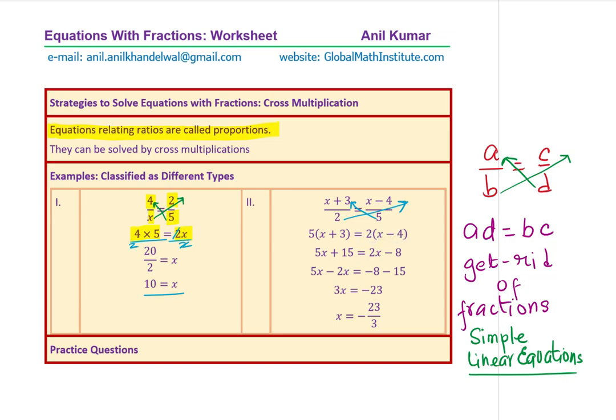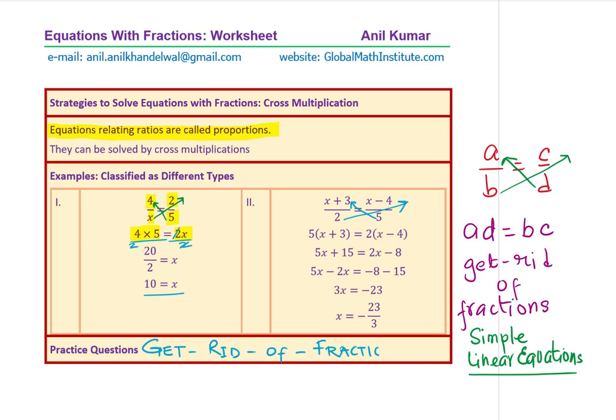So that is cross multiplication. As soon as you do cross multiplication, we get rid of fractions. So the idea here is get rid of fractions, right? So let's emphasize on this. Get rid of fractions.